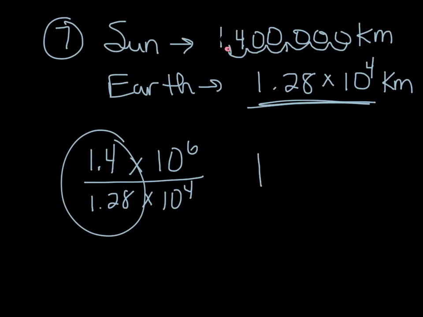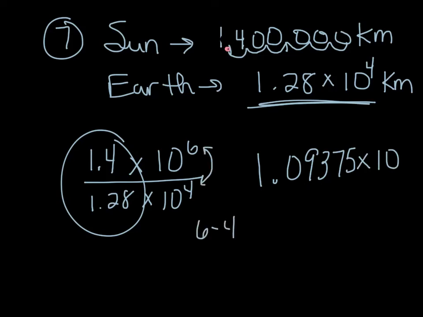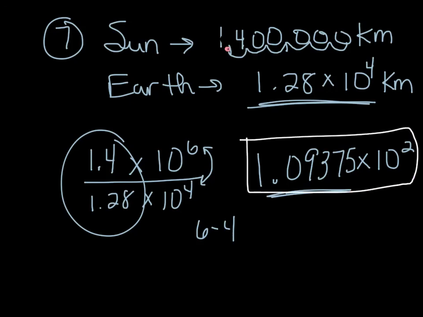That gives me approximately 1.09375 times 10. Subtract my powers. 6 minus 4 gives me 2. This number right here is between 1 and 10, so I'm good. My answer is 1.09375 times 10 to the second power.